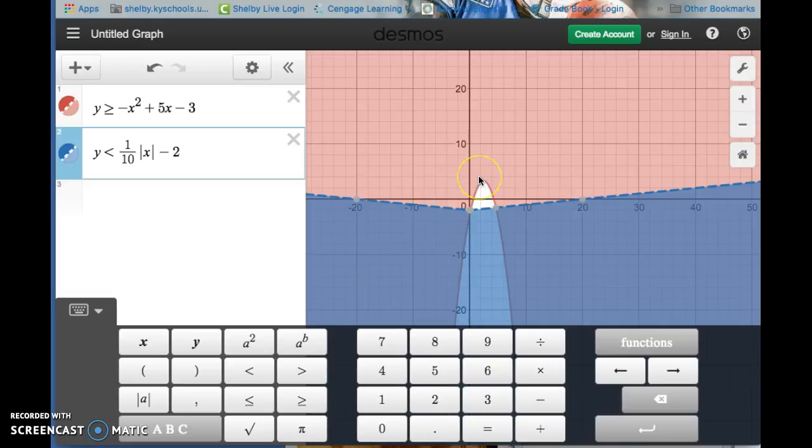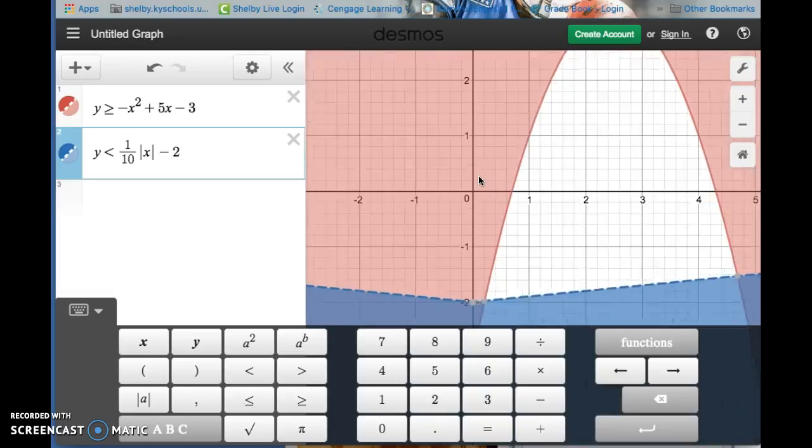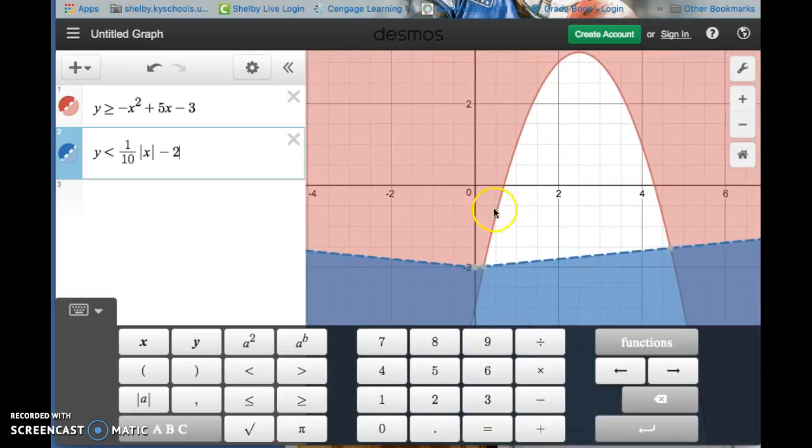So for example, if I want to pick a point, I'm going to go back out here a little bit. Let's say that I pick x as 4 and y as -3. That point only falls in the light blue, so that's not a solution.